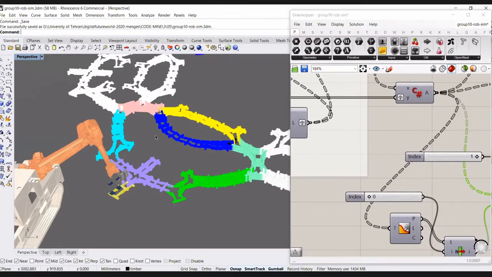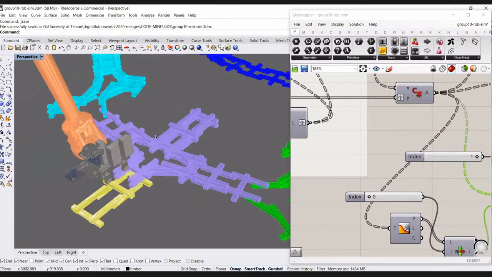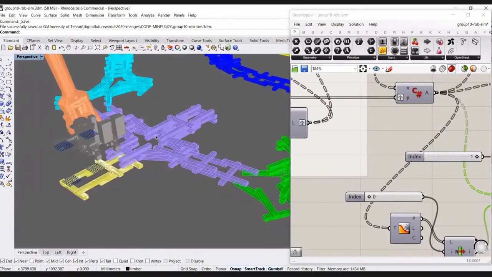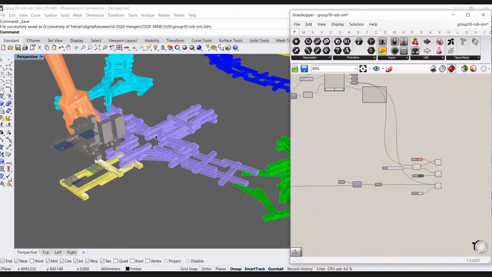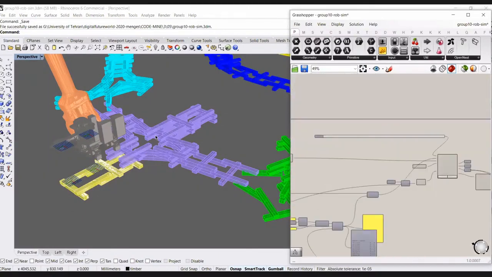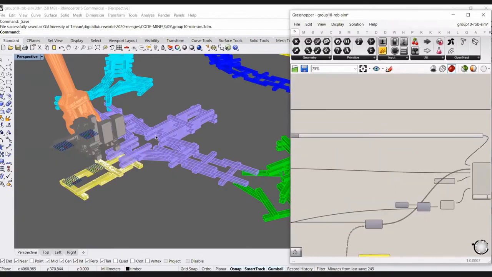And the problem which I have in this part was that the beams are not placed based on their z direction.